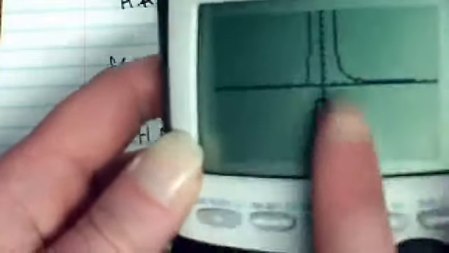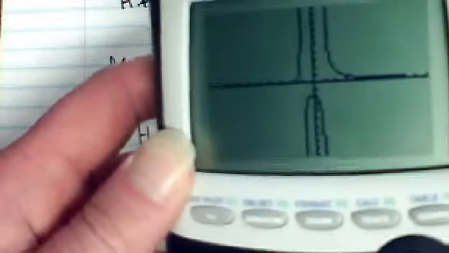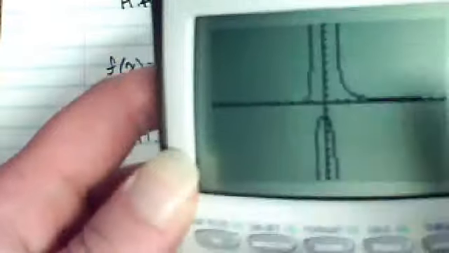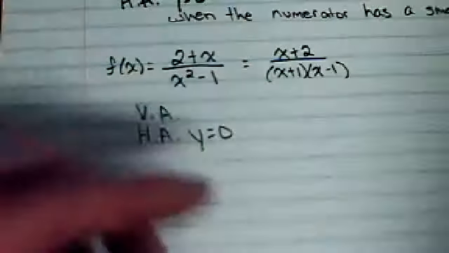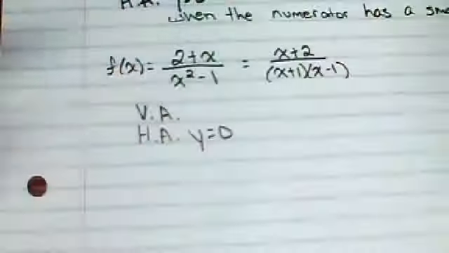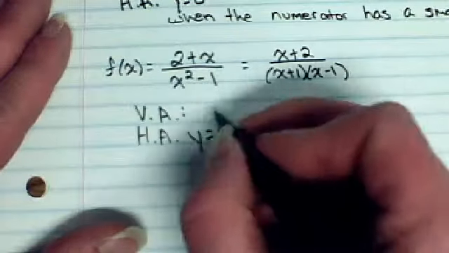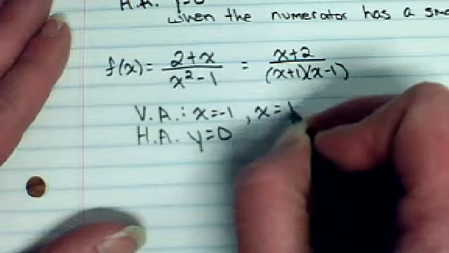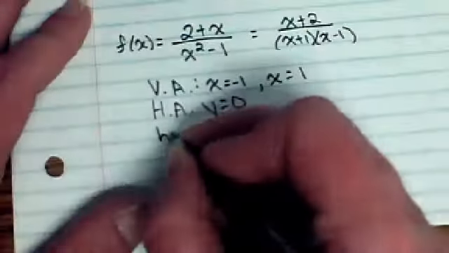Notice that I have two vertical asymptotes. There's a part in the bottom section, and there's two of those branches going around there. So the horizontal asymptote I see is the x-axis. Vertical asymptote, I actually have two of them this time, at -1 and at 1. This time I didn't have any holes.